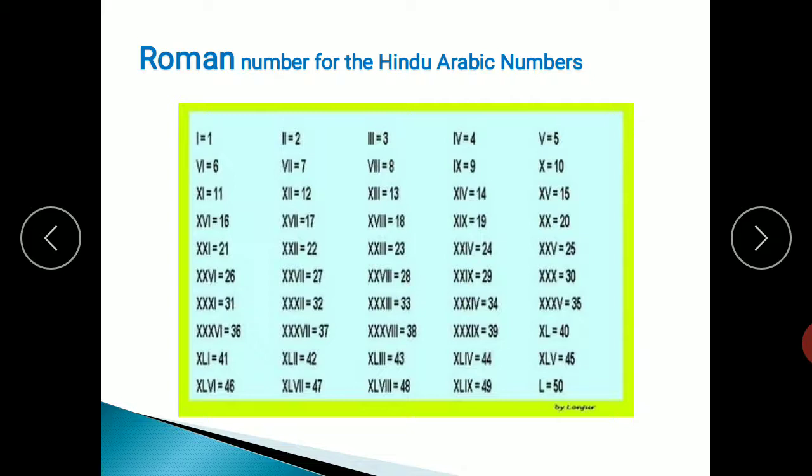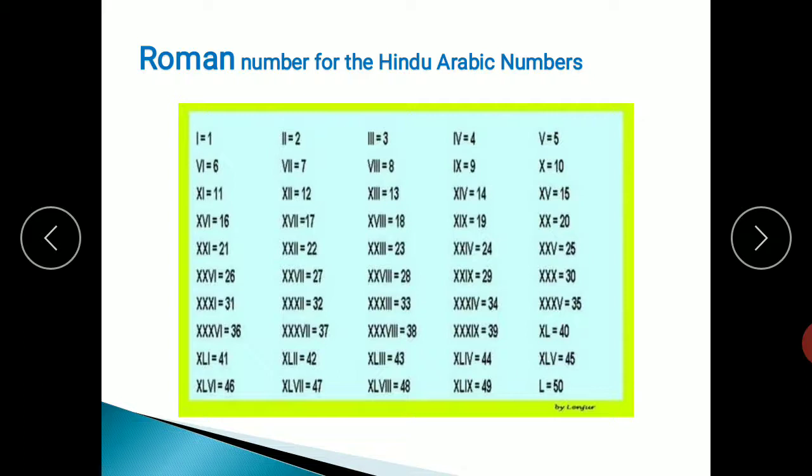Then 2 is written as II, and similarly 3 as III, capital I type. It looks like a capital I. Now let us see.